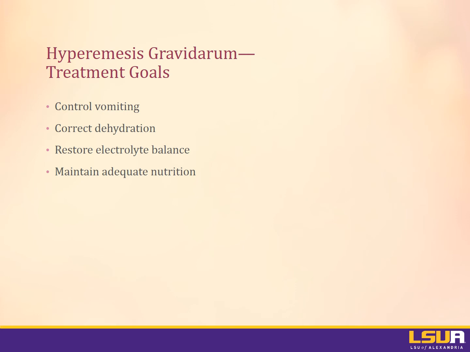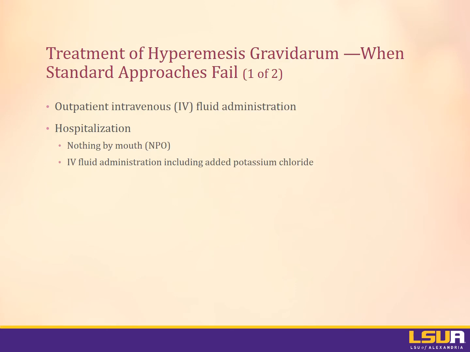Small, frequent meals are usually what we will prefer her to have, because if she has hyperemesis, sometimes it can happen over and over again. So when standard approaches fail, we may have to keep her on outpatient IV fluid administration.